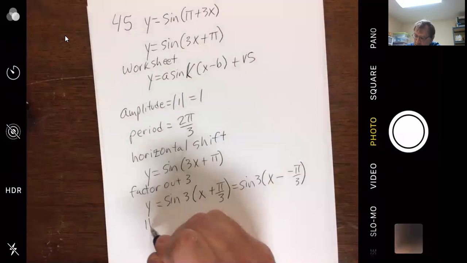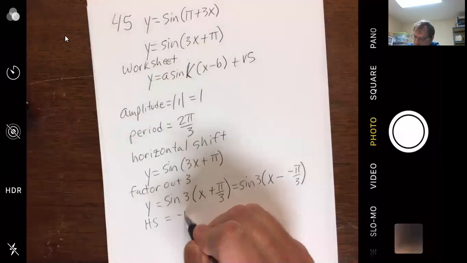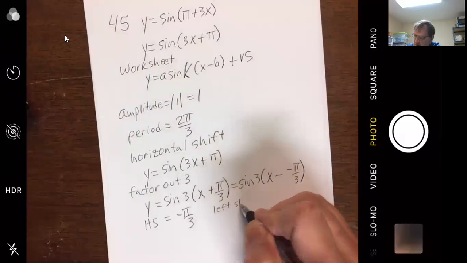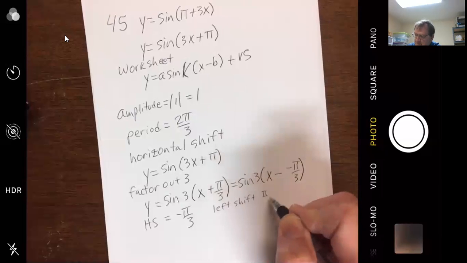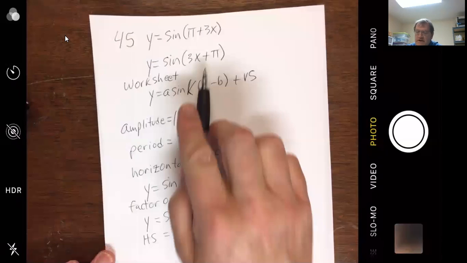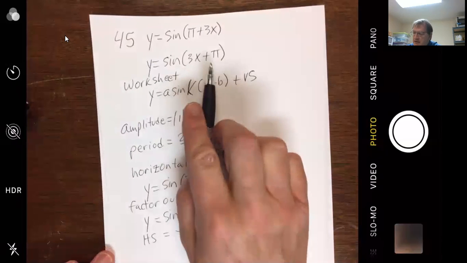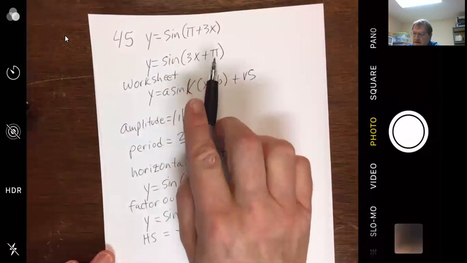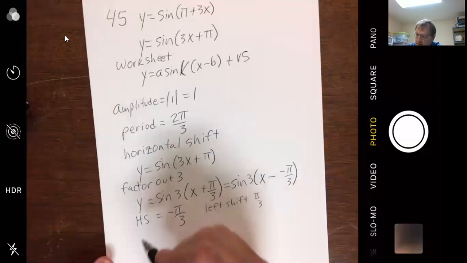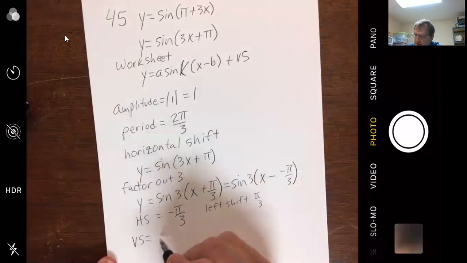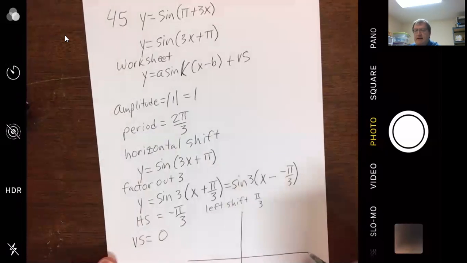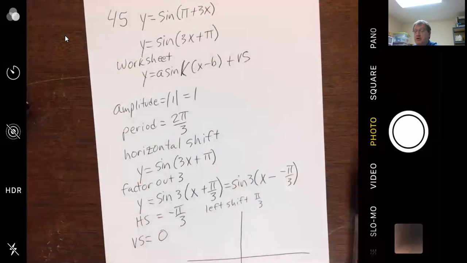Your horizontal shift, negative pi over 3, which means it's a left shift, pi over 3. Which if you remember from college algebra, as it should be, but it's pi over 3. It's not a left shift of pi. It's a left shift of pi over 3. And there is no vertical shift. Vertical shift equals 0. Let's see if we can get a graph of one period of this.